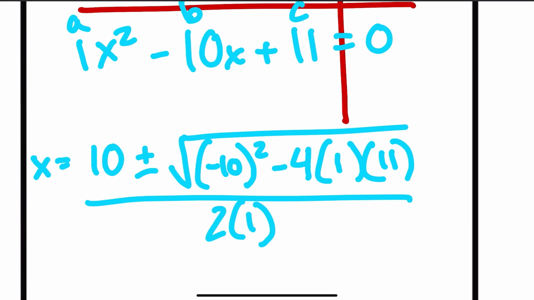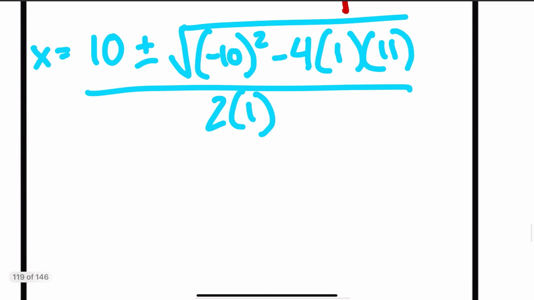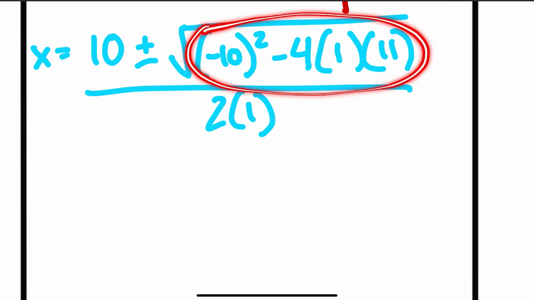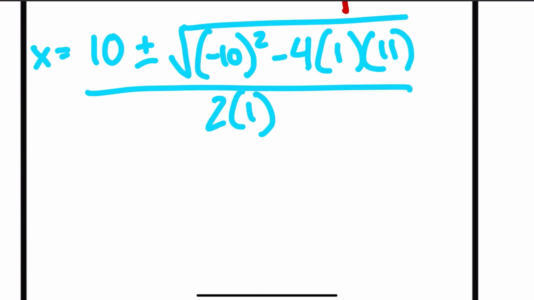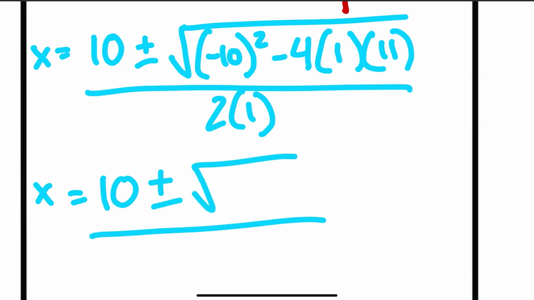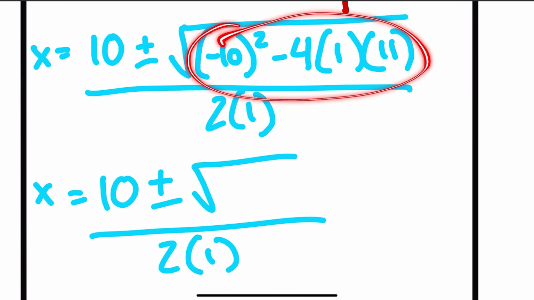Cool. From here, I'm going to do step number 3, which is simplifying the radical. Here's my radical. I'm going to simplify this. Just like we did last time, I'm just going to copy down all that extra stuff because I do not need it yet. Okay, I'm only focusing on what's here, and I'm going to transfer that to this part.